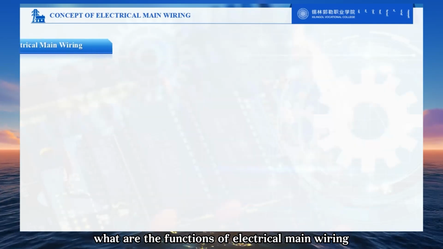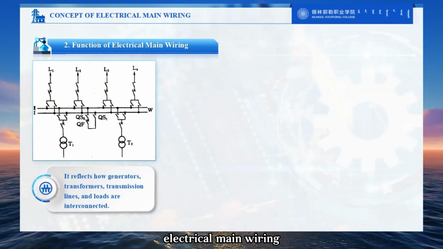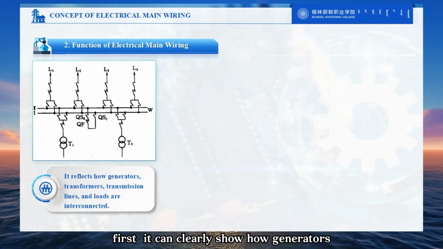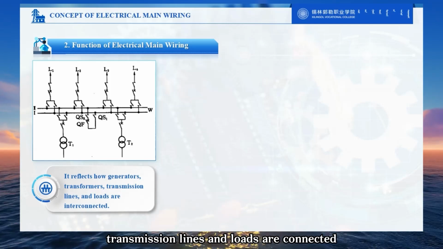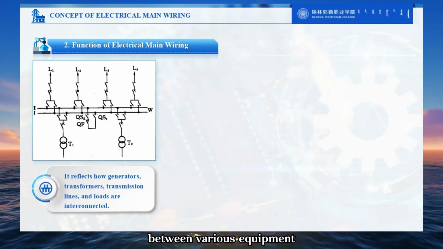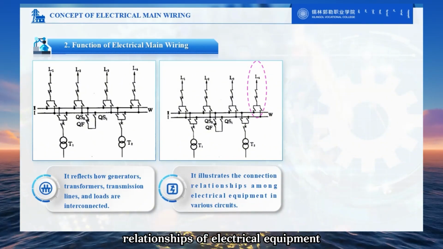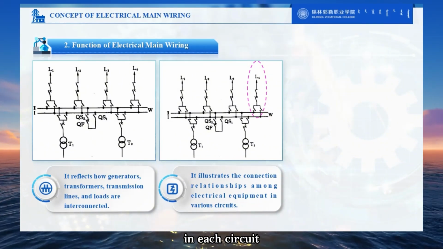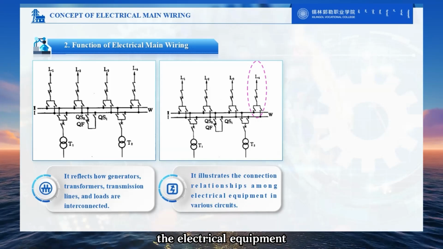What are the functions of electrical main wiring? As we can see from the left diagram, electrical main wiring: First, it can clearly show how generators, transformers, transmission lines, and loads are connected, and can analyze the control relationships between various equipment. Second, it can reflect the connection relationships of electrical equipment in each circuit, and can truly reflect the operating status of the electrical equipment.